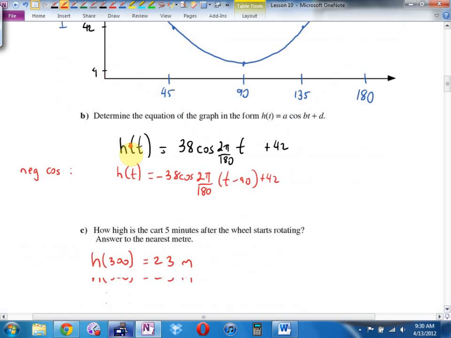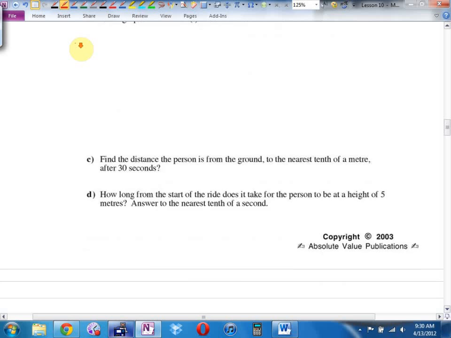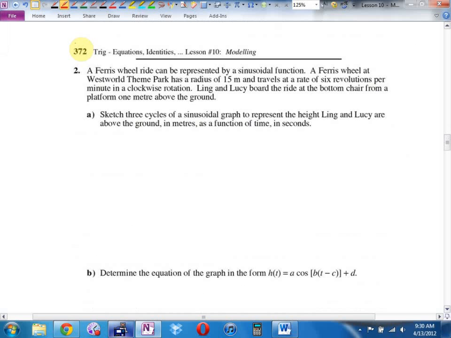It goes from there. Homework. Try number 1. Number 2 is good, but it says sketch 3 cycles. Nah, sketch 1.